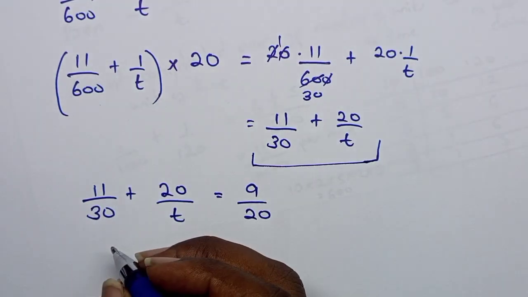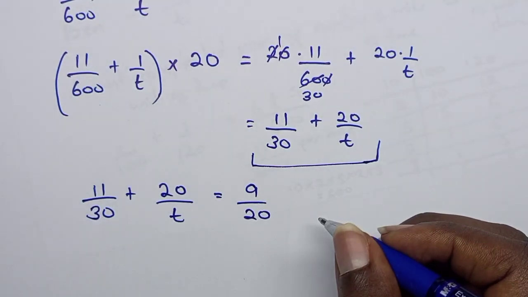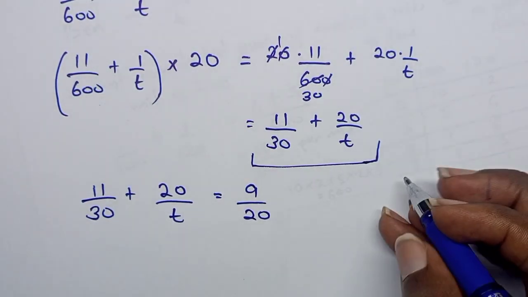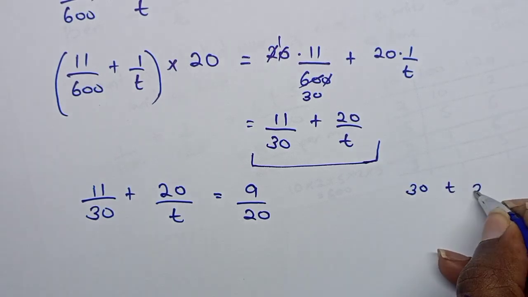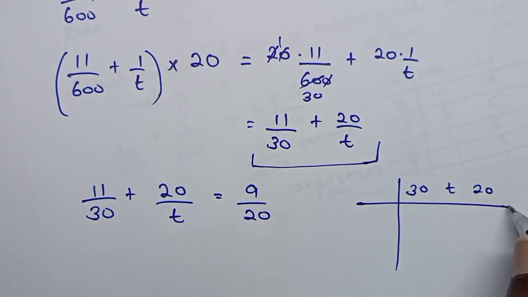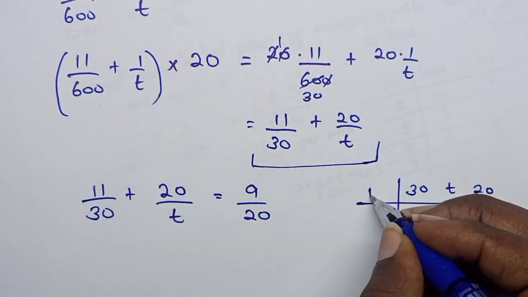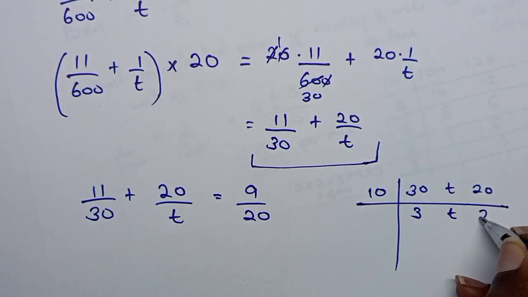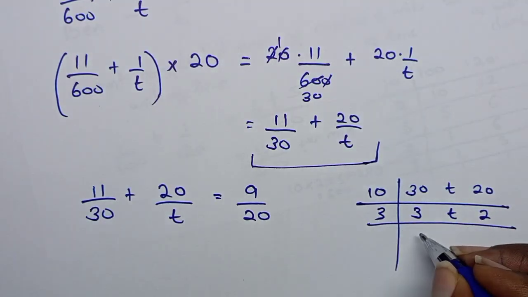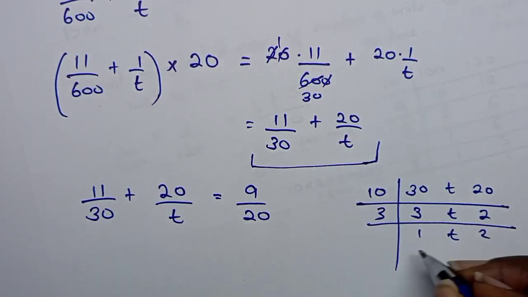Now when we solve this, the lowest common denominator here is of 30, t and 20. When you divide this by 10, here you get 3, t, 2. Divide by 3, get 1, t, 2.